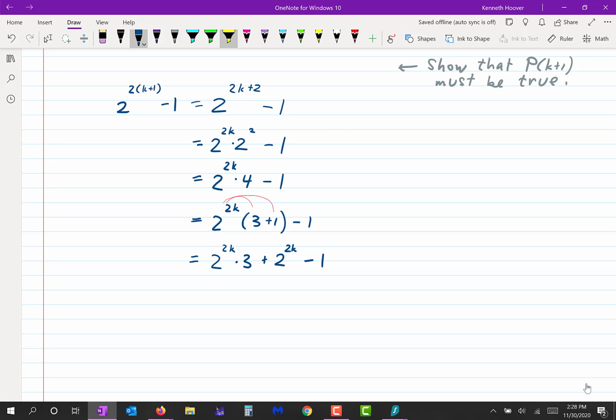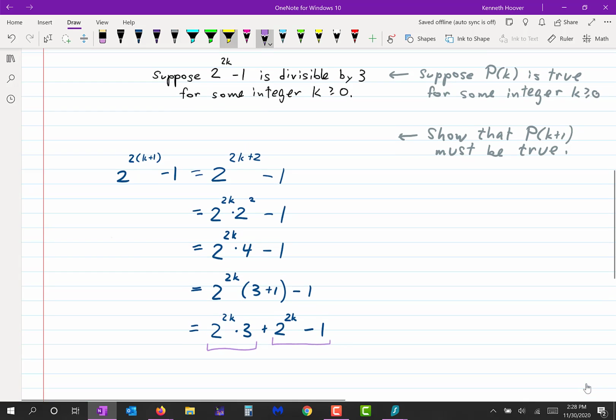Okay, now look at this. This part is divisible by 3 because it is 3 times an integer. So that's divisible by 3. This part is divisible by 3 because of our inductive hypothesis up there.